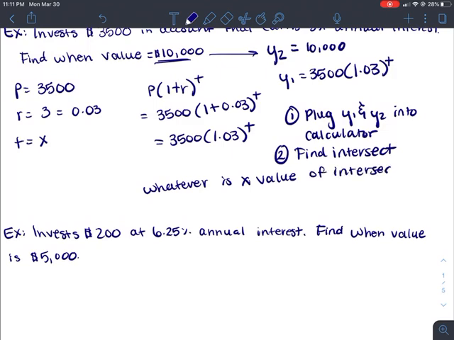In this case, when I plugged 3,500 times 1.03 to the t power into my calculator, it gave me a value of 35.5. So x equals 35.5 years. This is how long it's going to take for this account to reach $10,000.